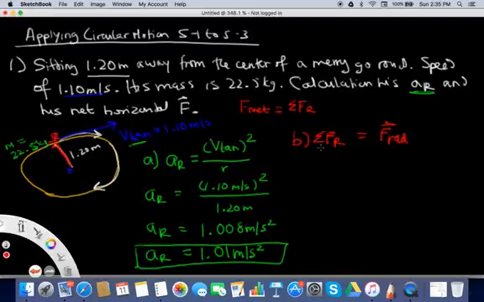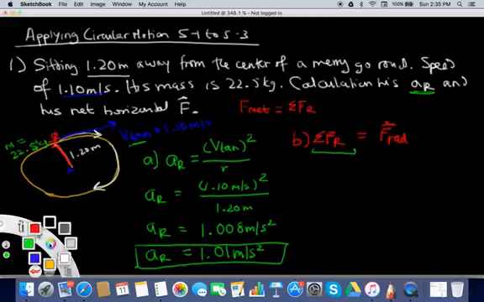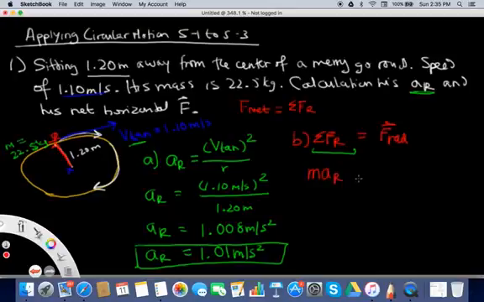We know that it's equal to some radially inward force. We can simplify the summation of all the forces acting on this kid as mass times our centripetal acceleration. That's basically Newton's second law: the net force is equal to mass times acceleration.